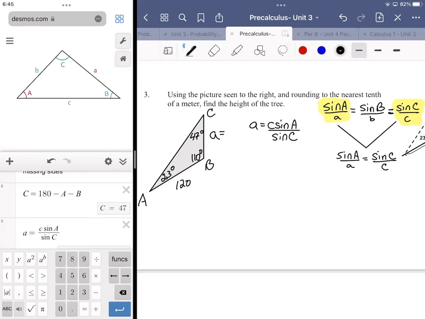What I can do here, and this would have saved us a little time earlier, but I didn't do it, is take these two values and swap them.